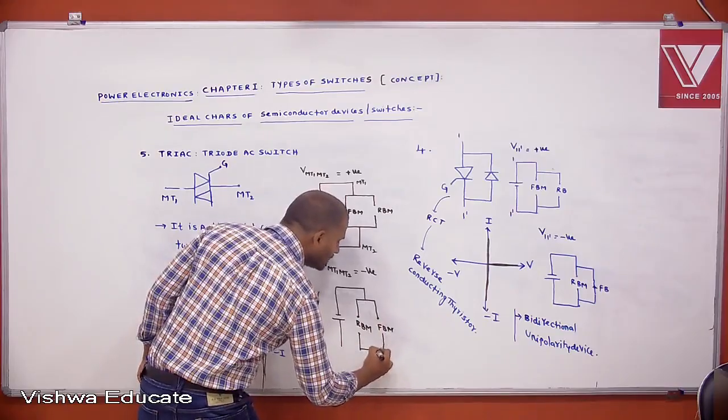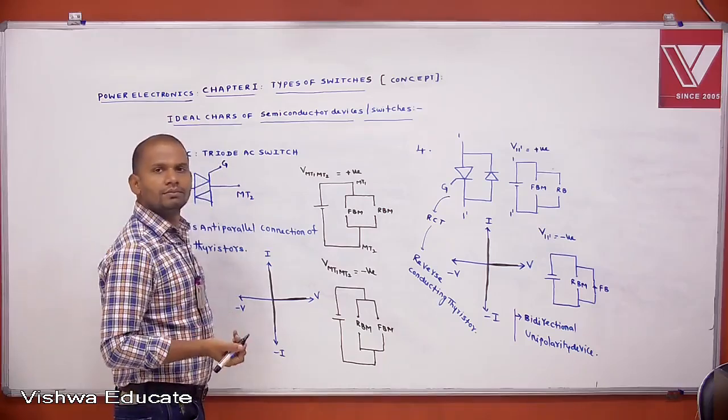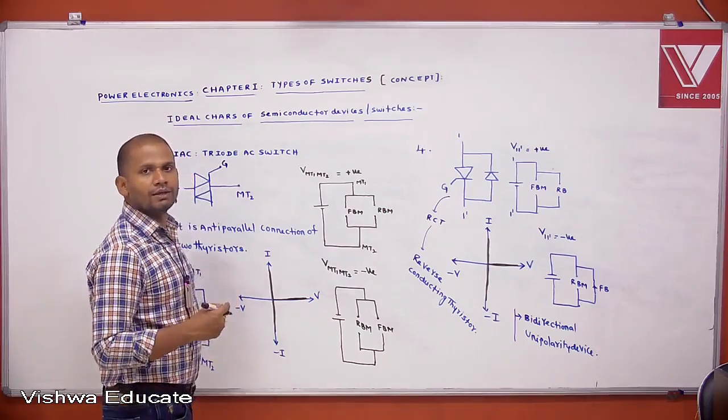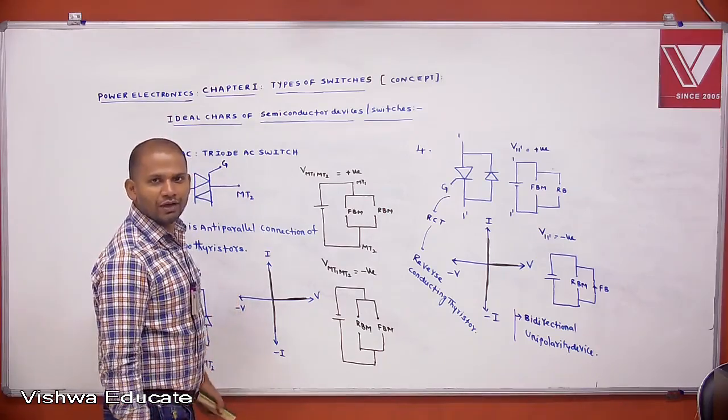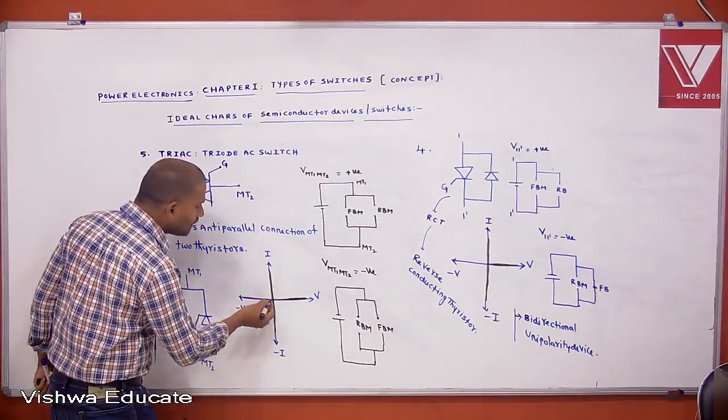Then is the triac blocking or conducting? Blocking, because there is no conduction of any device. That's why it also blocks the negative voltage.